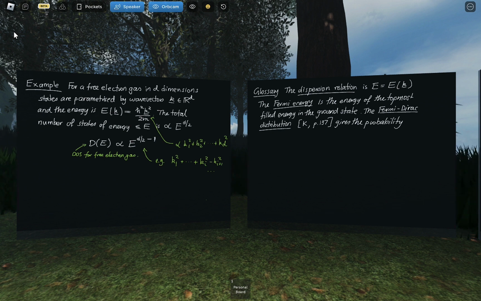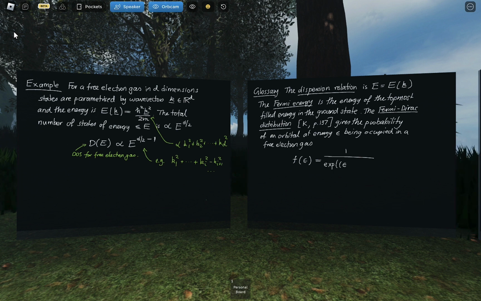So this is useful. It gives the probability of an orbital at energy epsilon being occupied in a free electron gas at thermal equilibrium. It's kind of baked into the expression, I guess.